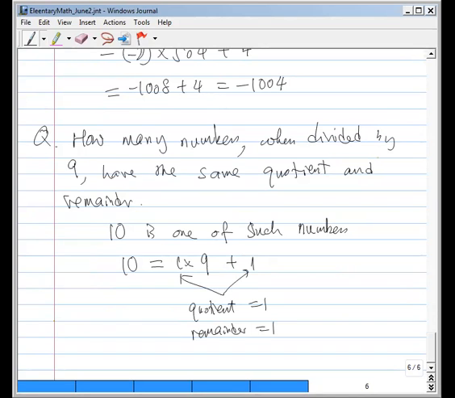So how many such numbers with this property? 19, when it's divided by 9, the quotient is 1, and the remainder is also 1.